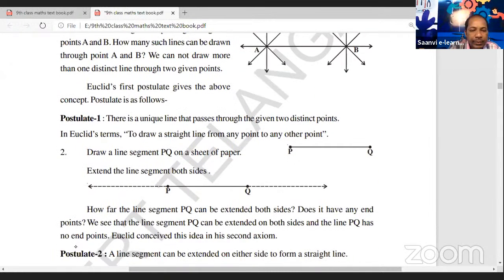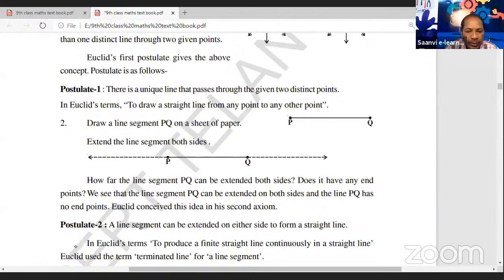Now postulate two. The first postulate is that there is a unique line that passes through the given two distinct points. And postulate two is: a line segment can be extended on either side to form a straight line.